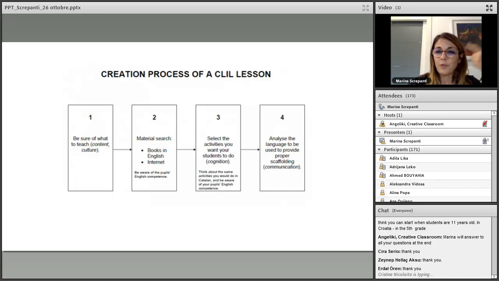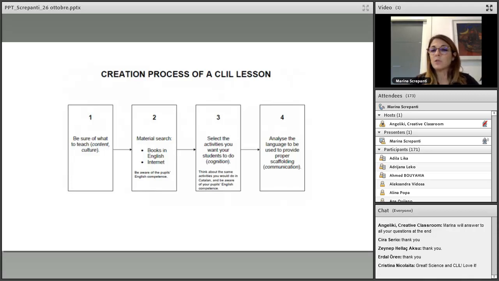Then I have to think about my objectives. What do I want my students to know about earthquakes? I want them to know the phenomena, or I want them to be aware of the process, the things they have to do in case of emergency.